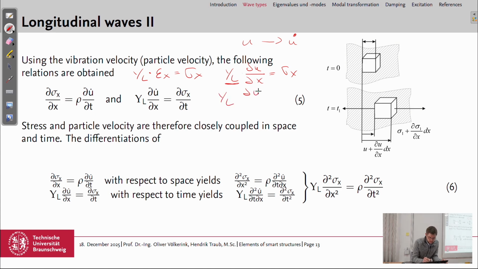So then we get the partial derivative of u dot with respect to x, and then we have sigma x also derived by time, due to this time derivative of the particle velocity. So from Hooke's law, by replacing the displacement with the particle velocity, we get this.